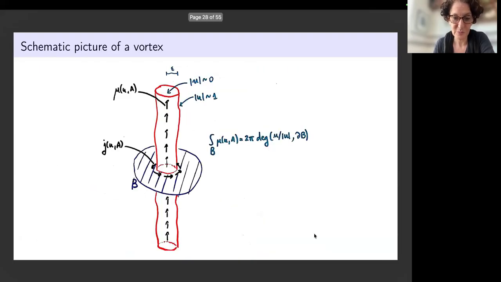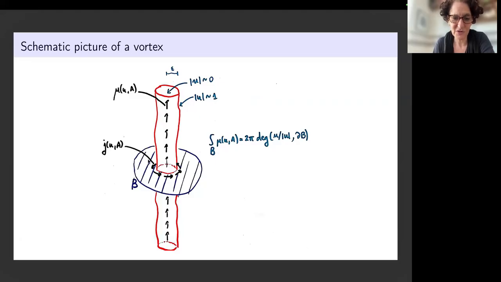Okay, so let's look at the picture as I had promised. So this is a vortex schematic picture. Here it's rather straight, but it doesn't have to be straight. Right, so in the middle, u vanishes. Outside this tube of length scale epsilon, the modulus of u will be almost 1. So you can think of it as 1.